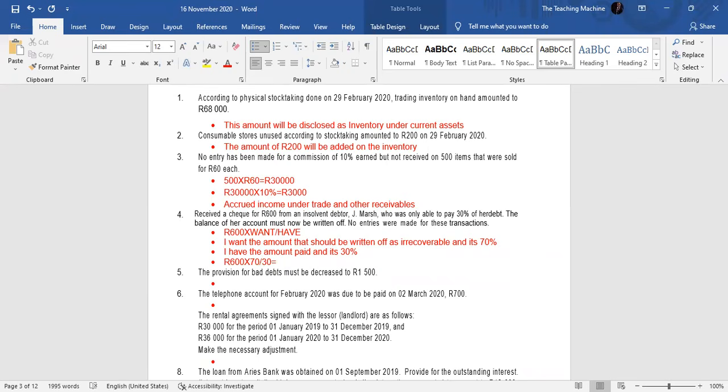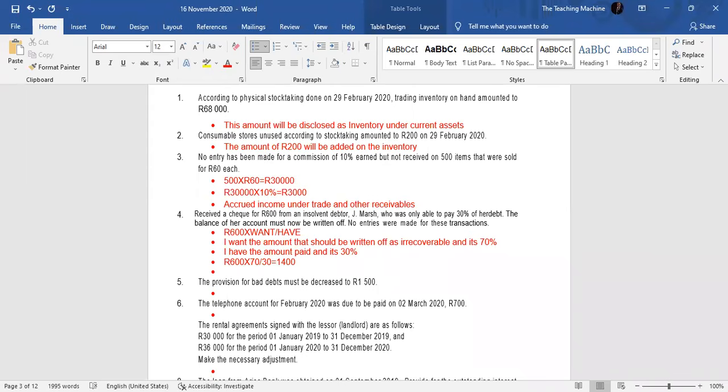So 600 multiplied by 70 divided by 30, it should be 1.4. Now we can clearly work out how much was the full debt by adding 600 and 1.4.